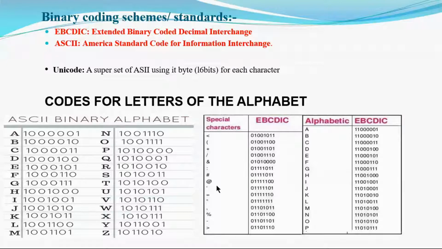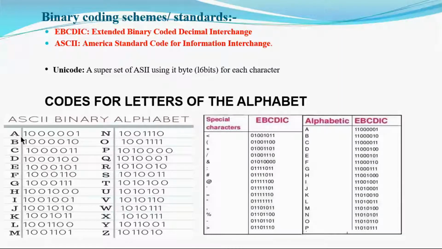For example, if you look at this table here, using ASCII, we normally represent these characters with 7 bits. So the difference between ASCII and EBCDIC is that ASCII represents its characters in 7 bits. Now, how do I know that there are 7 bits? A is represented in this way.